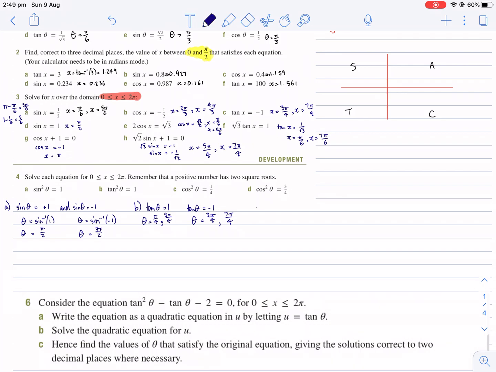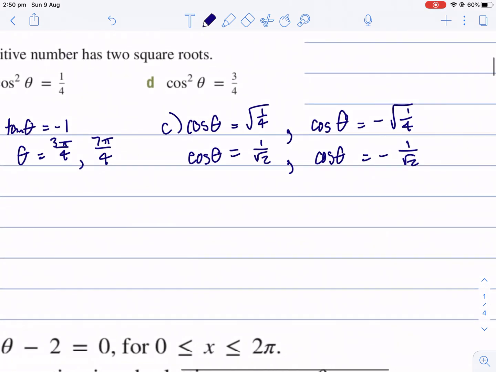Okay, let's do C. Cos squared theta equals 1/4. So cos theta equals positive square root of 1/4 and negative square root of 1/4. Now positive square root of 1/4 is 1 on root 2. Well, we've got -1 on root 2. So theta, cos comes out as 1 on root 2 when it's 45 degrees, which is pi on 4.